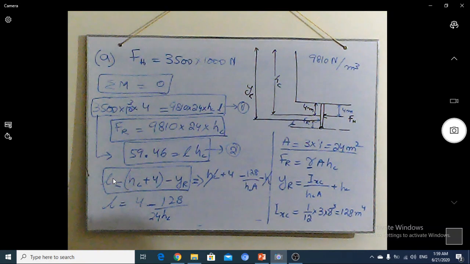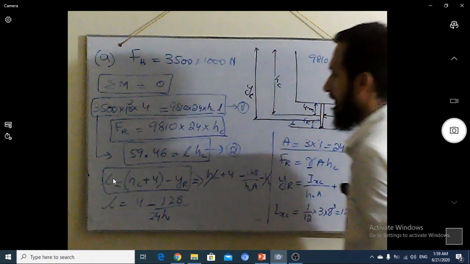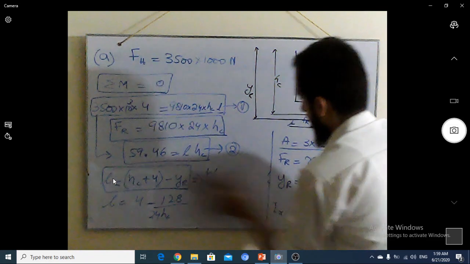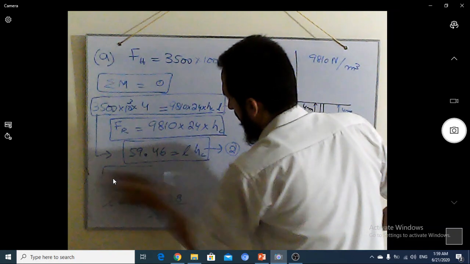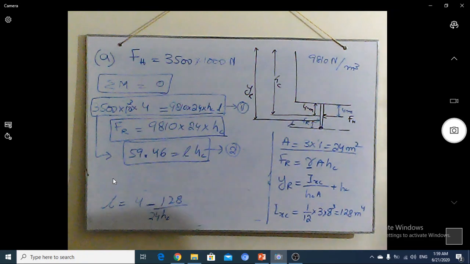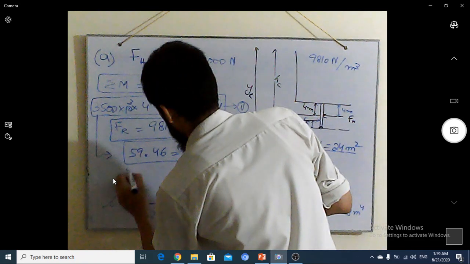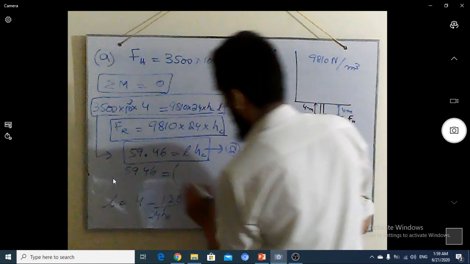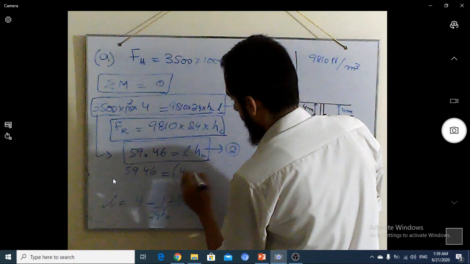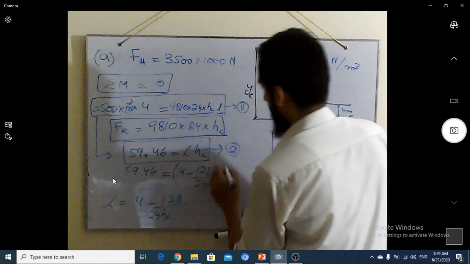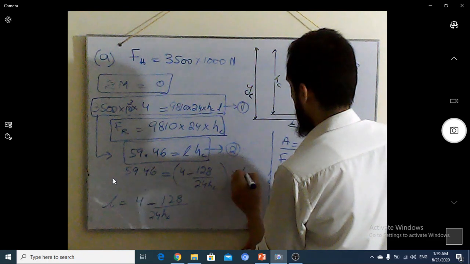Put all these factors in this equation in order to make it a univariable equation. So I just remove a certain part and try to resolve the same. 6.46 is equal to the value of L, which is just 4 minus 128 over 24 HC multiplied by HC.